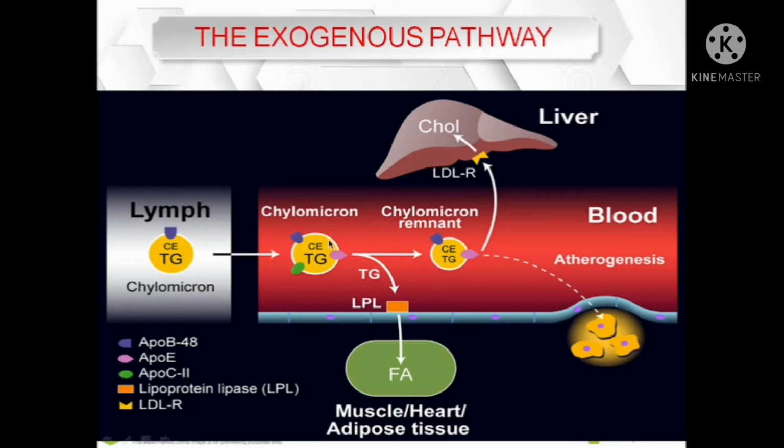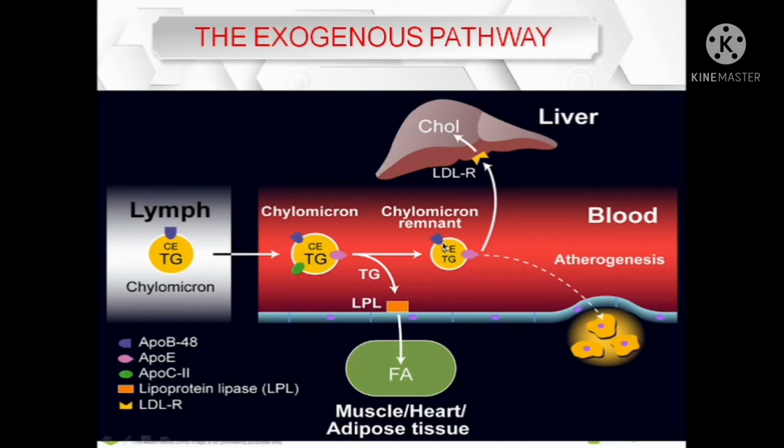So once chylomicron agrees and gives the ApoA1, the HDL in turn also gives ApoC2 to chylomicron. Now once chylomicron receives the ApoC2, remember that in the introduction to this lecture, I spoke about the function of ApoC2, where I said it stimulates lipoprotein lipase.